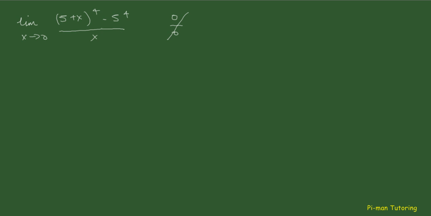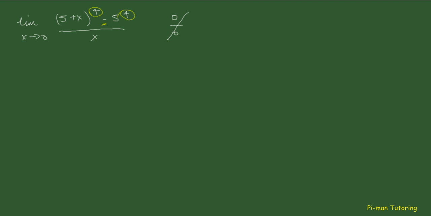Well, whenever you see a negative sign between two things that have positive powers, you know you've got a good chance of using a difference of squares. Even though in this case we're seeing a power of 4, a power of 4 is simply a power of 2 squared.